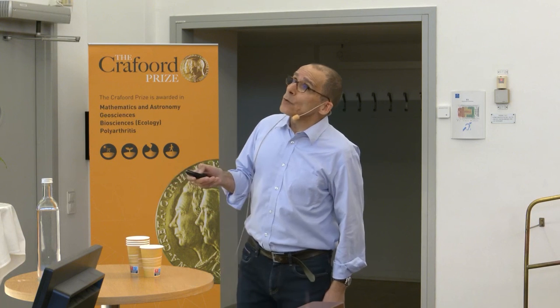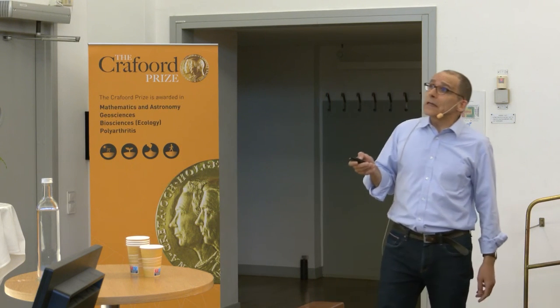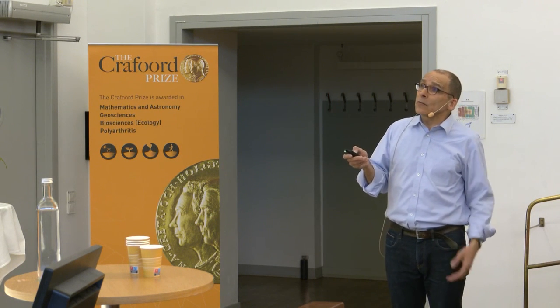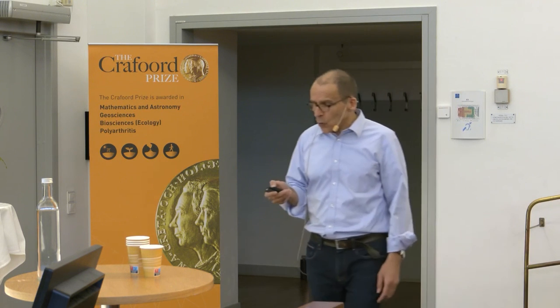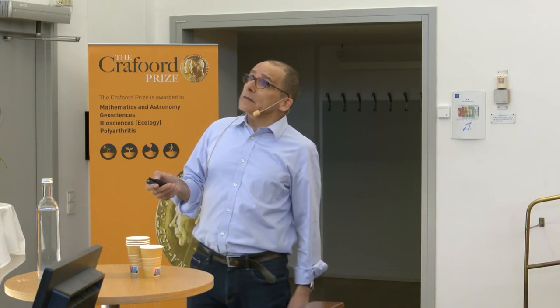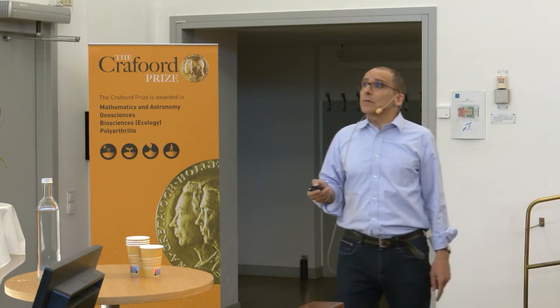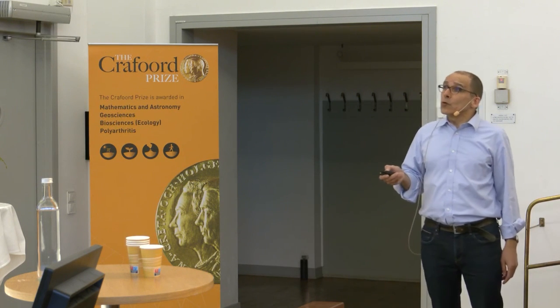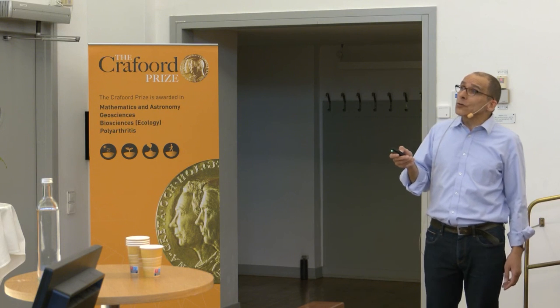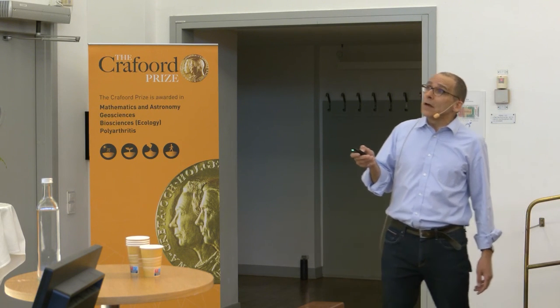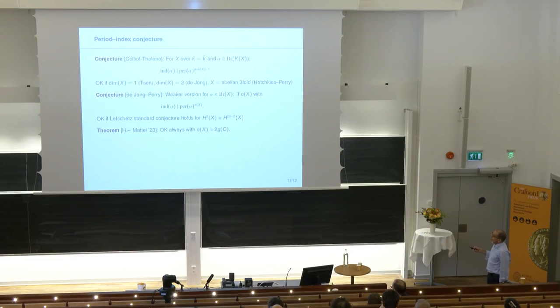And they managed to prove this under the assumption that one of the big conjectures, the standard Lefschetz conjectures, in degree 2 holds true. And the second theorem in this paper with Mattei last year, we proved that this is actually always true. There exists this uniform bound for the exponent without assuming any of the big standard conjectures.